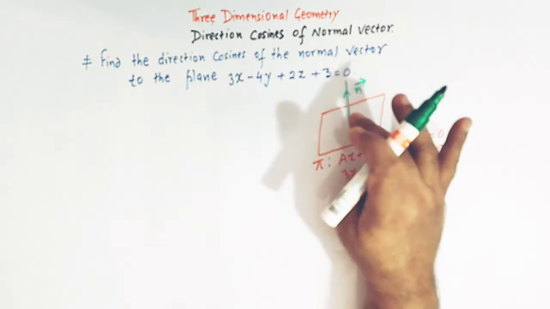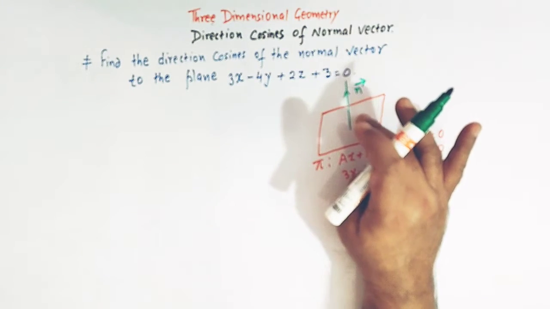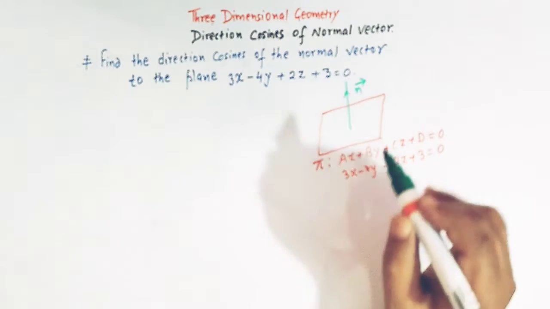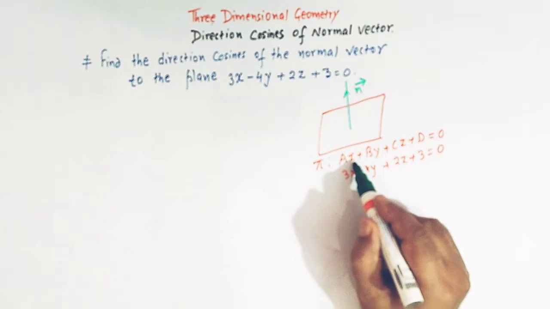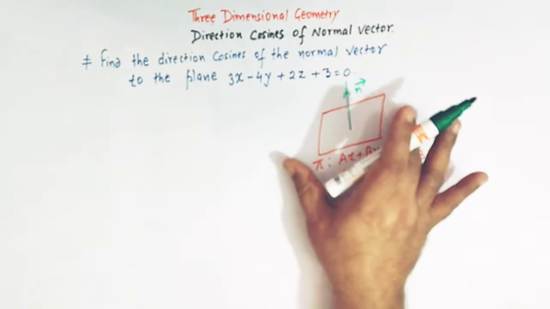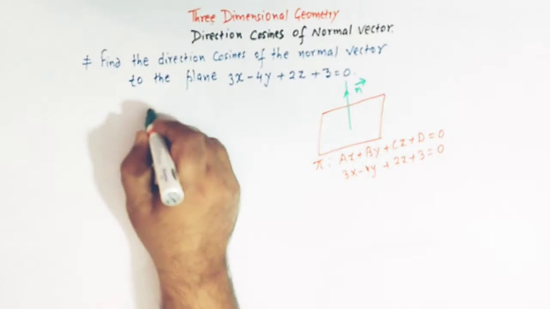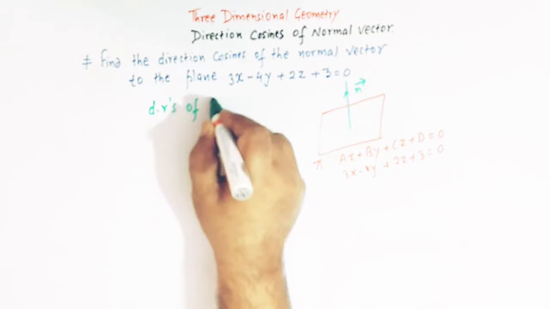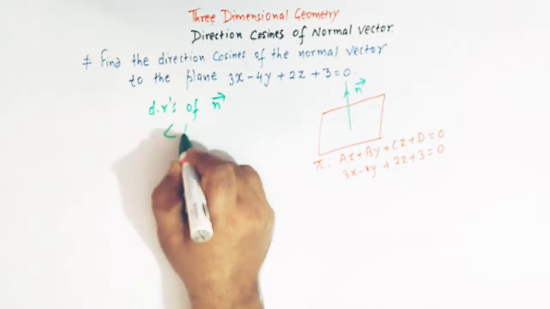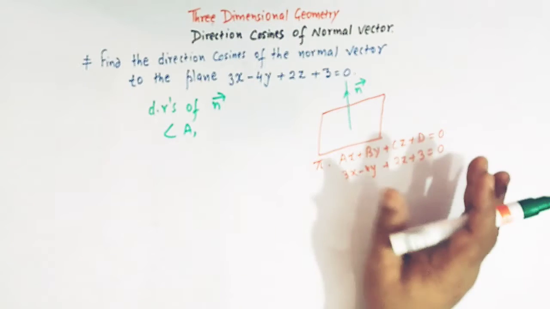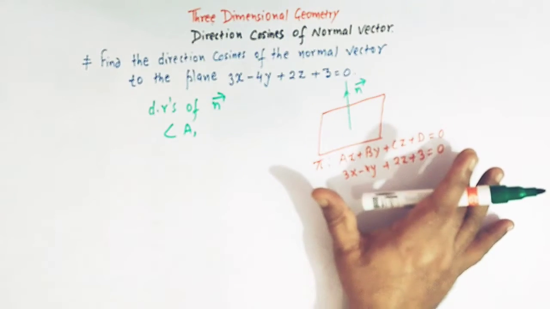Now the direction ratios of the normal vector are given by the coefficients of x, y, and z. So always remember that the direction ratios of the normal vector are given by the coefficients of x, y, and z in the equation of the plane.